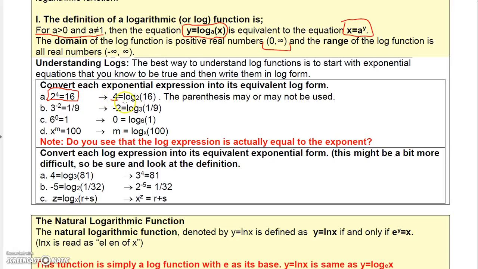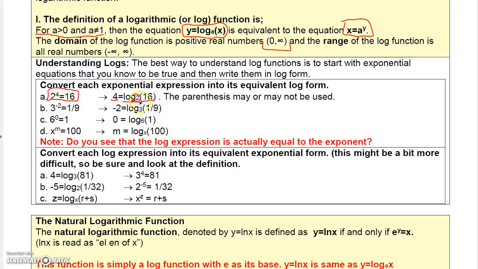And then you have that equal to a log, and the base is going to be 2, which is the same as the base of this exponential expression. And then the argument here, 16, is what this exponential expression equals.